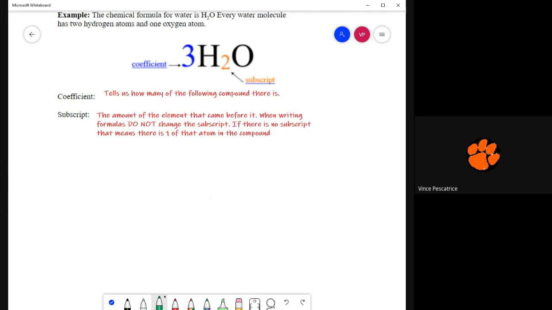So if in the chemical formula, I have H2O, and I write the 3 in front with the coefficient, that says that I have H2O 3 times.